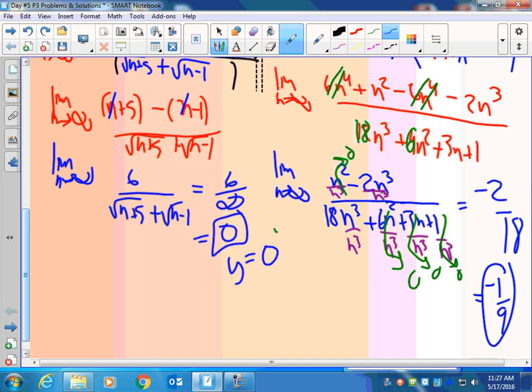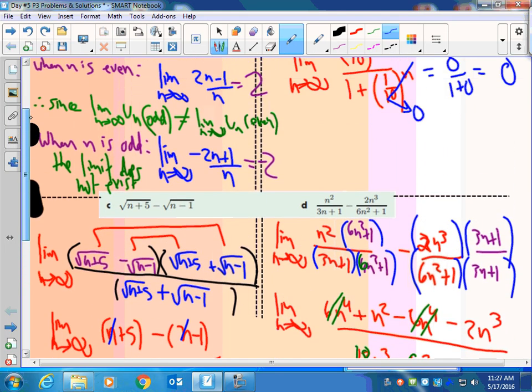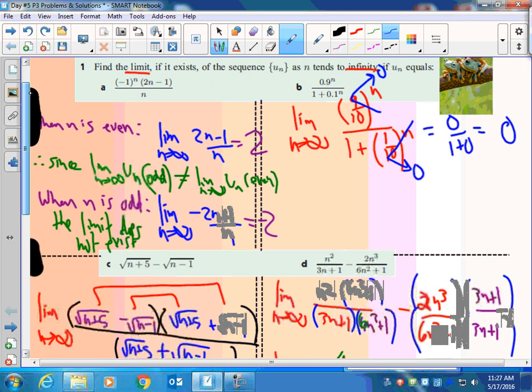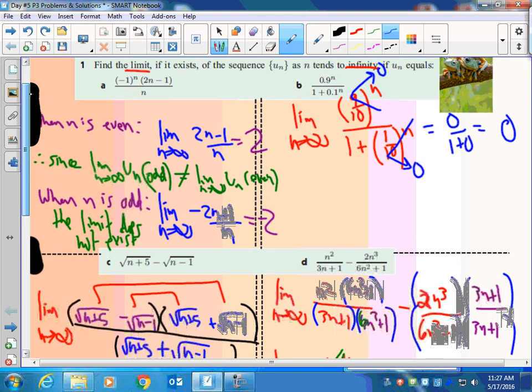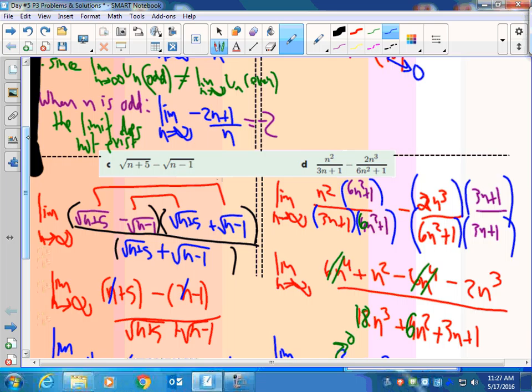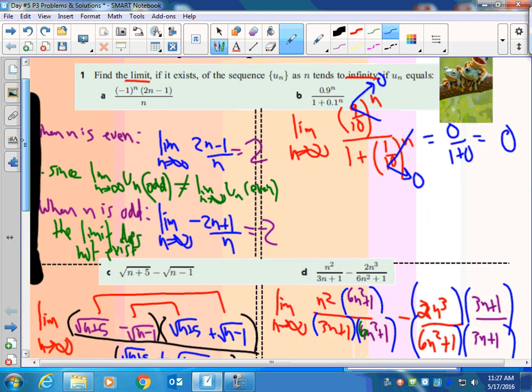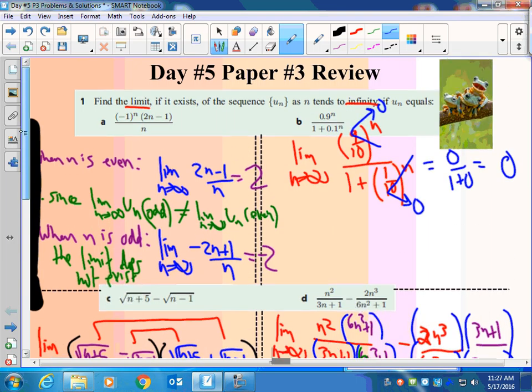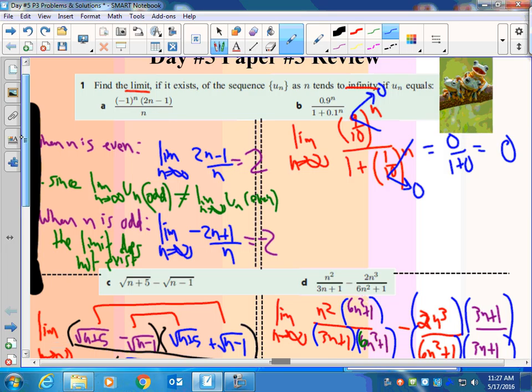It could be a value, could be a number of different things. But that's the limit of that. So what we did, some really nice overviews of some odd but useful little limits. Common denominator, conjugate, break up even and odd for an alternating one, and think about the infinite series.